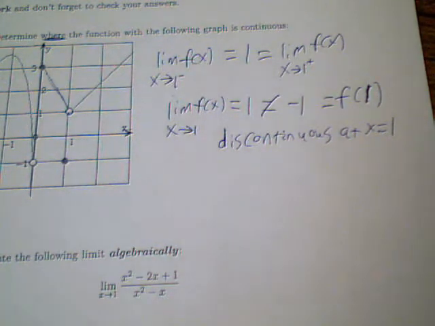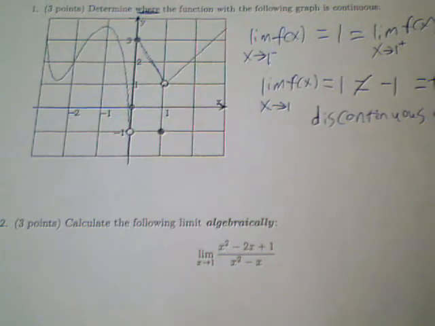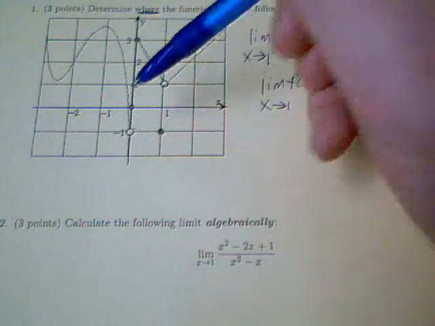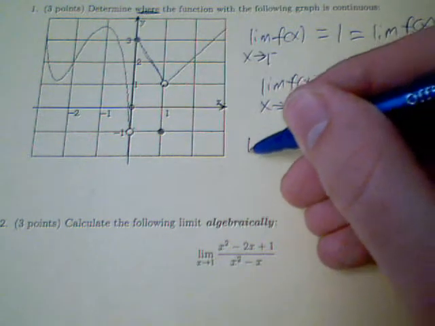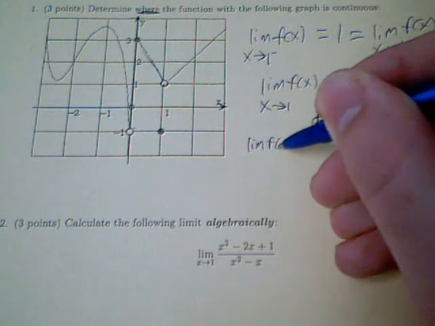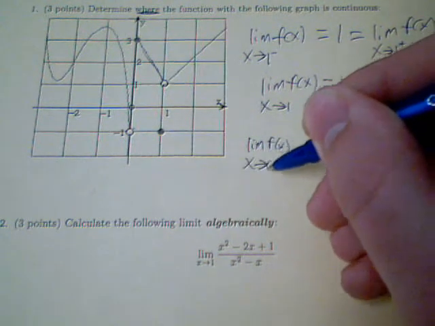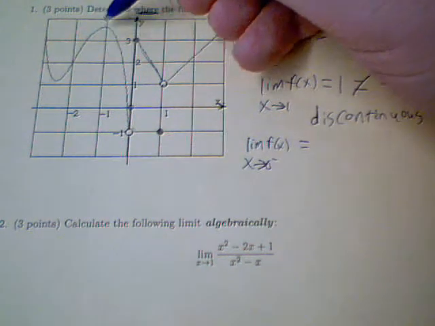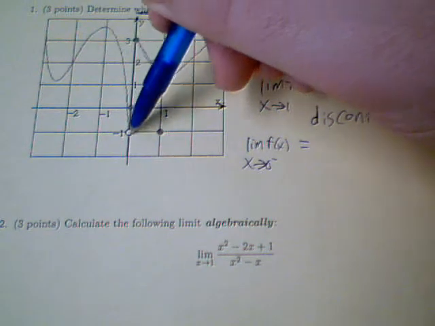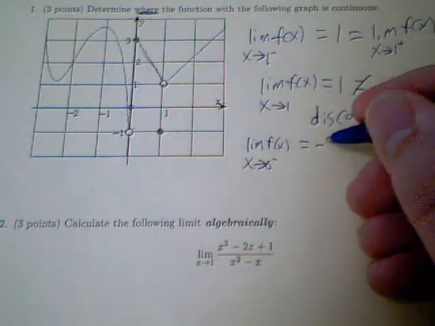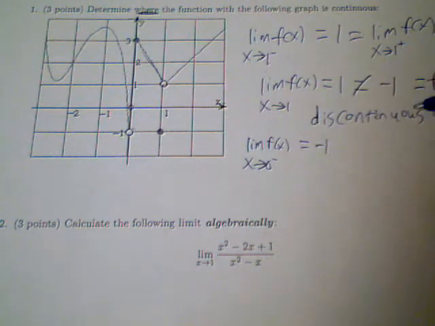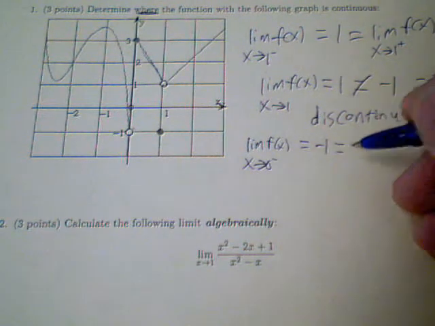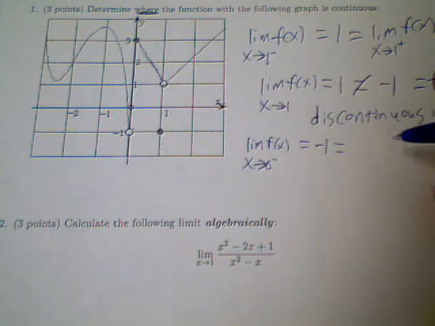Alright. So now I want to check over here at 0. I'm going to approach 0 from the left. I'm going to follow this line over here, and it's going to go to this open circle here, which is at negative 1. Now I'm going to check, is that equal to the limit from the right?